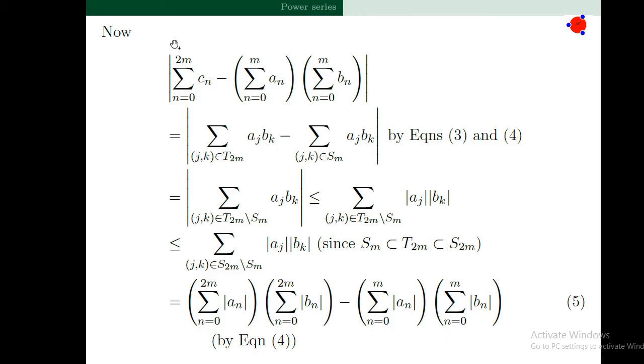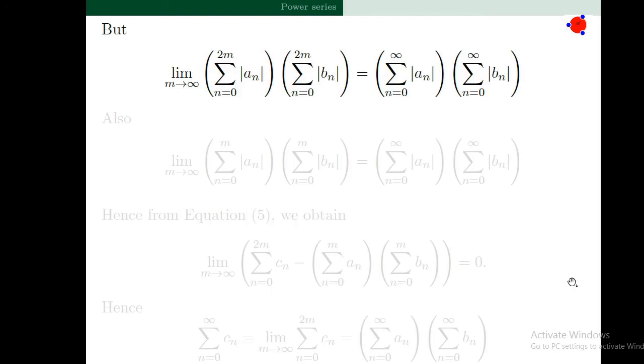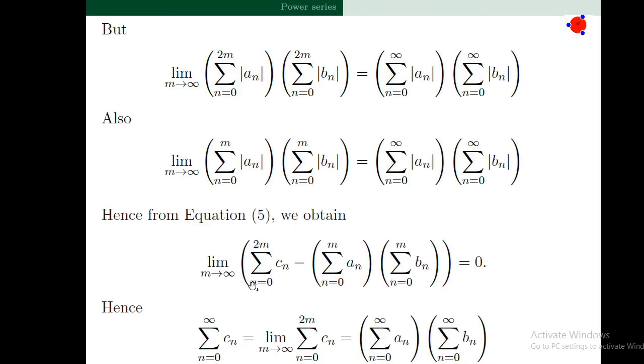That means the limit of the left hand side is also 0. But the limit of the left hand side, that is limit of summation n is equal to 0 to 2m cn minus summation n is equal to 0 to m an into summation n is equal to 0 to m bn, is equal to 0.